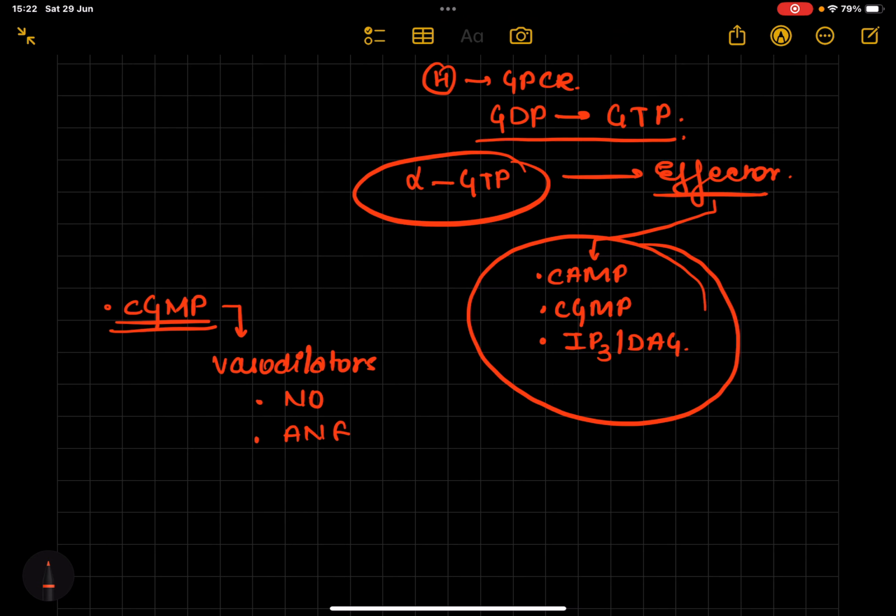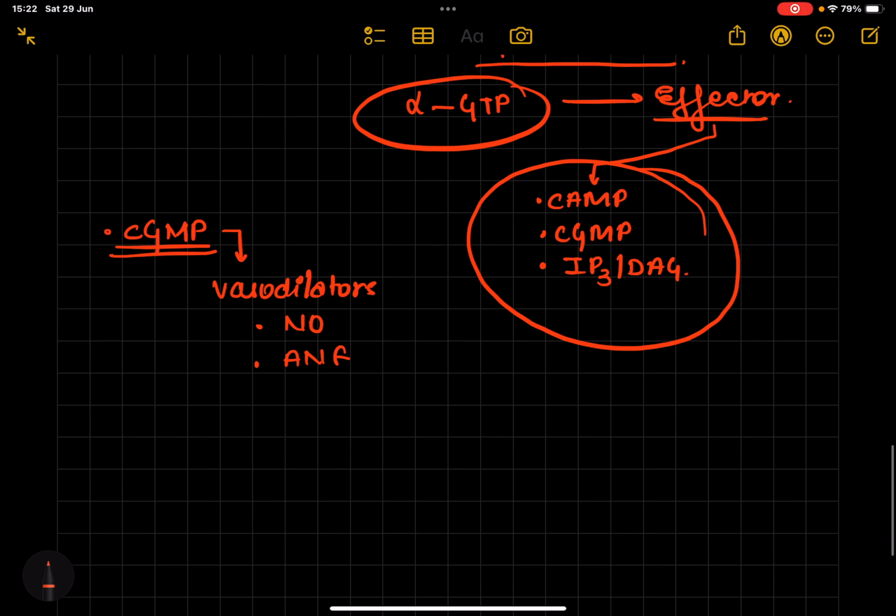Next thing we have to study is cAMP, where there is activation of protein kinase.